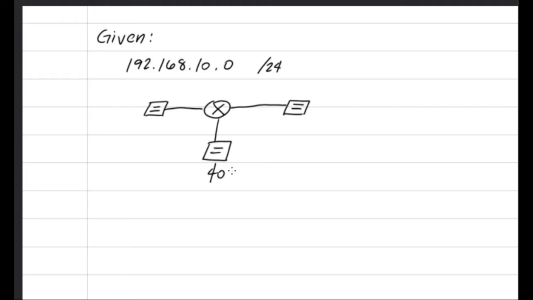Okay, our first switch, we have 40 hosts. Our second switch, we have 30 hosts. And our third switch, we have 60 hosts. And if this is the case, we will sort out the hosts from highest to lowest. So our highest is 60.